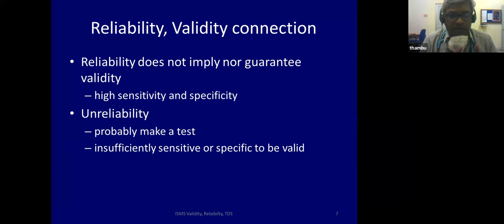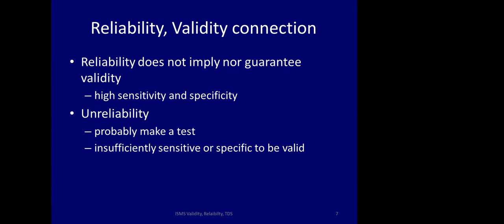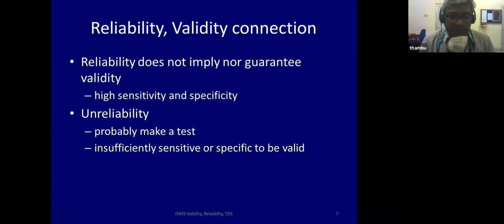Now, is there any connection between reliability and validity? A highly reliable test does not imply or guarantee validity. You can't say that a highly reliable test will have high sensitivity and specificity. That's not a guaranteed outcome. However, if the test is highly unreliable, it is probable that the test won't be very sensitive or specific.